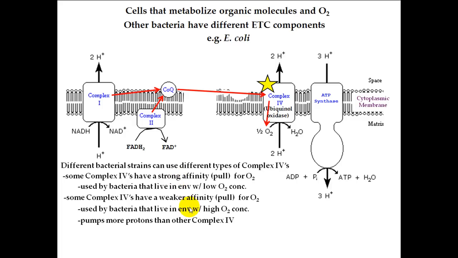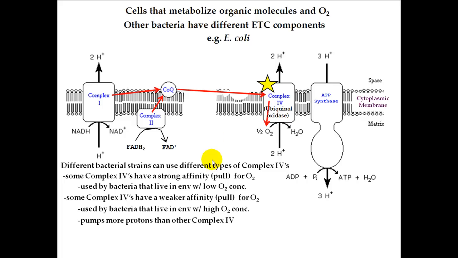So to sum this up, aerobic respirators like Pseudomonas and E. coli basically use the same process as far as electron transport chains are concerned in order to generate ATP. There can be differences, though, in the components that make up the electron transport chain.